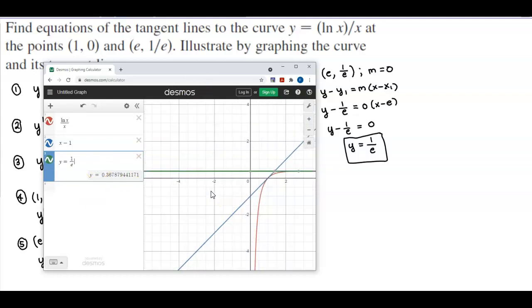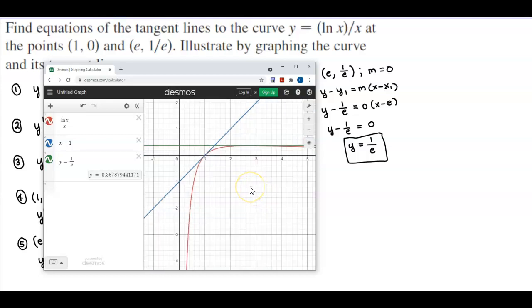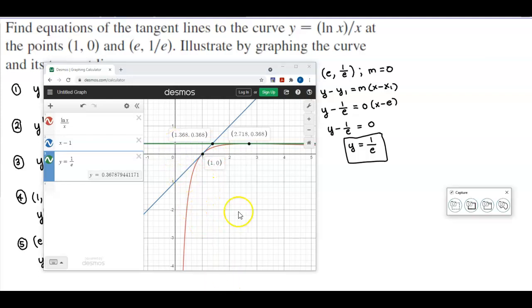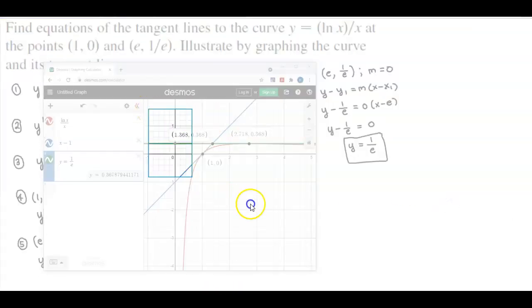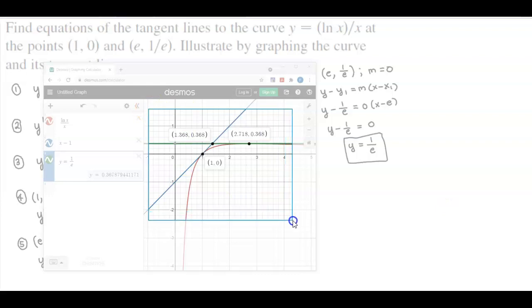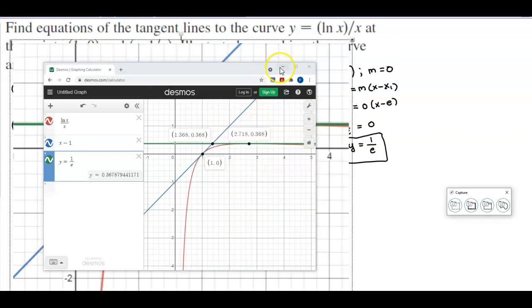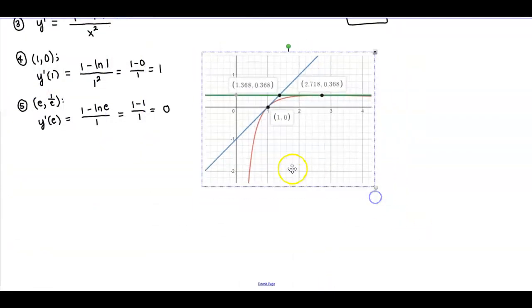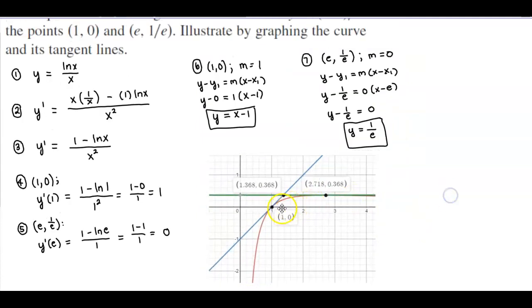Okay, so let's take a look at this graph. We can see that this line, x minus 1, is tangent to the curve, and we can see the horizontal line at y equals 1 over e.